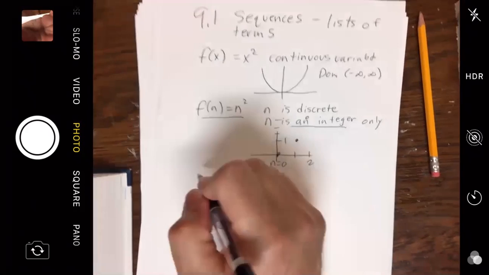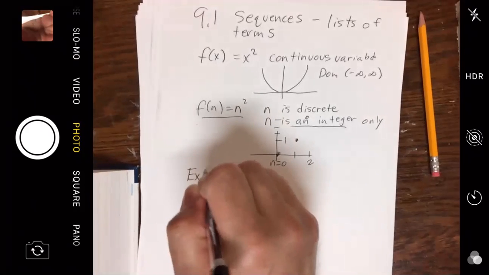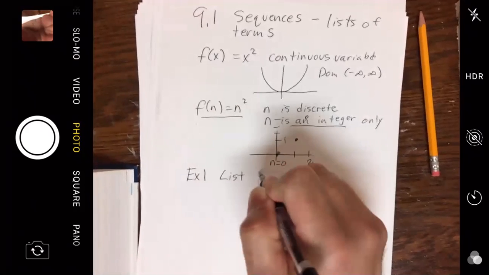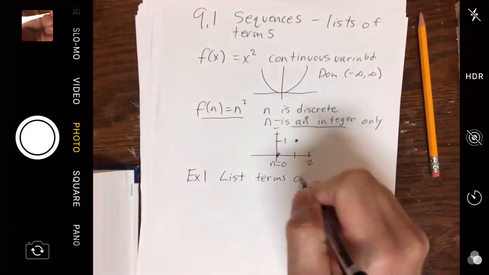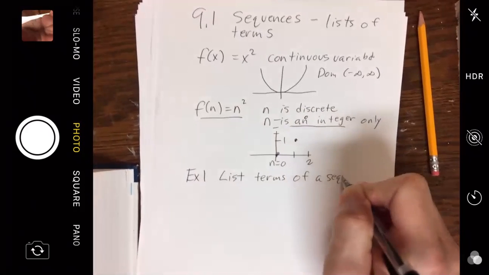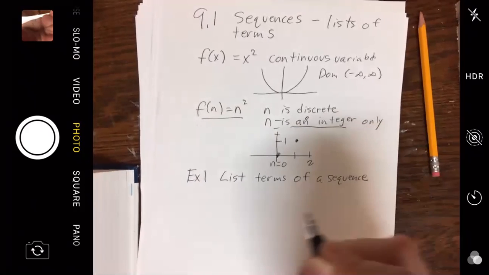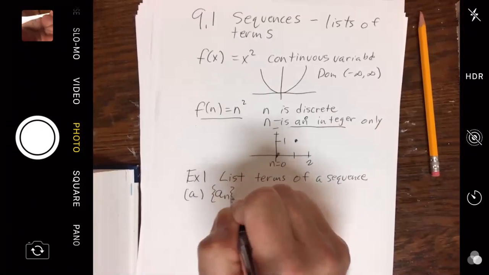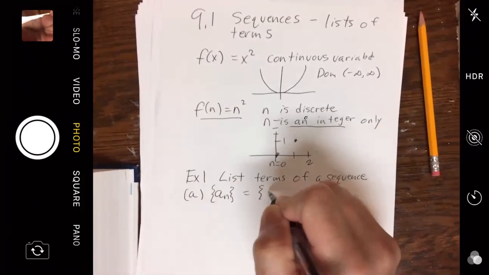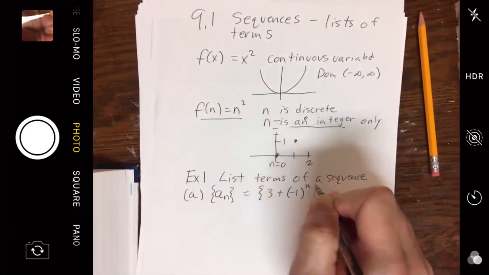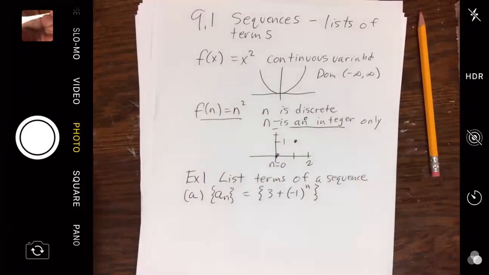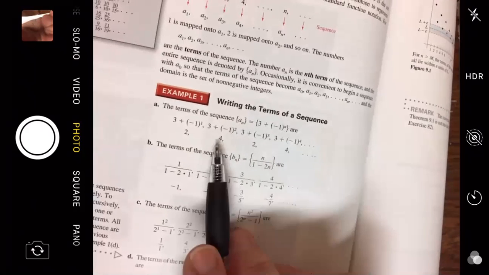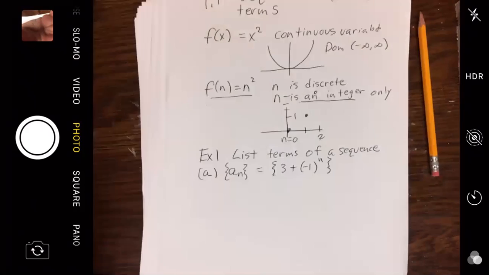They'll just have you start off by listing terms. Look at example 1, they'll have you list terms of a sequence. Part a, they write it out, a sub n, in braces, 3 plus (minus 1) to the n.